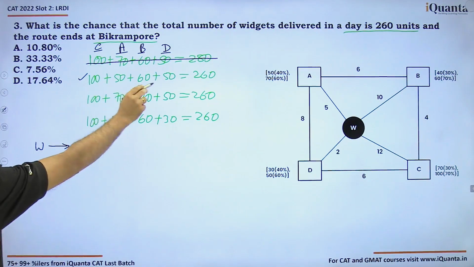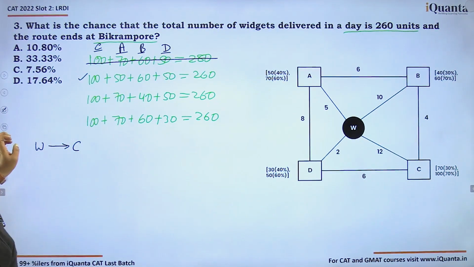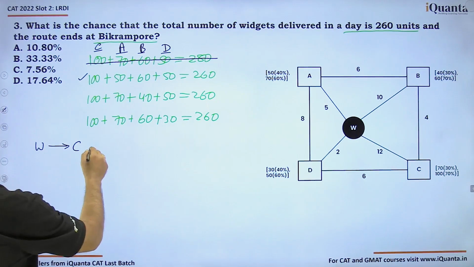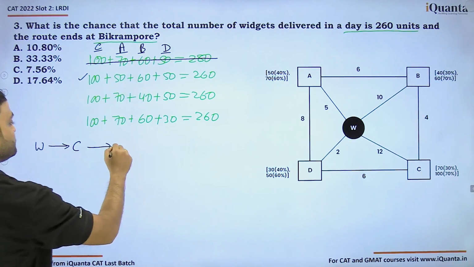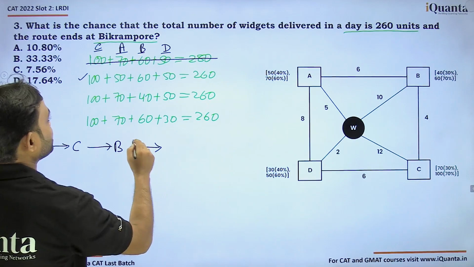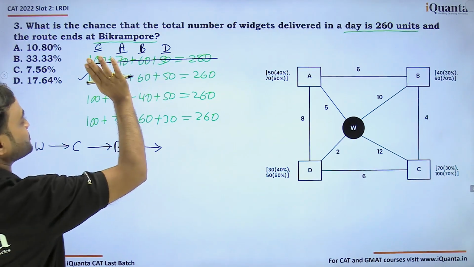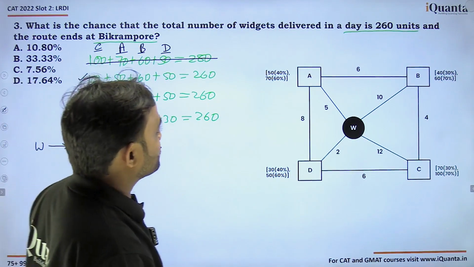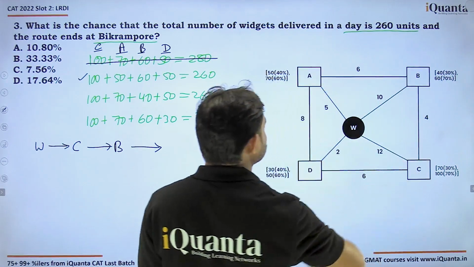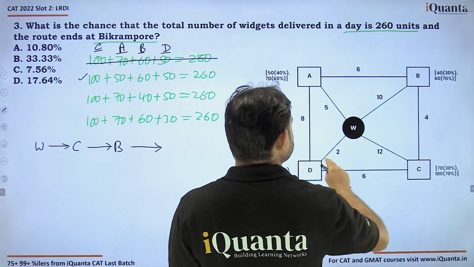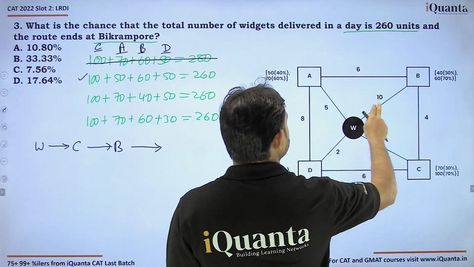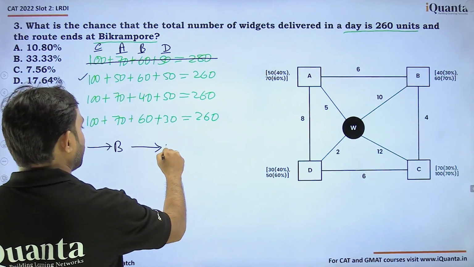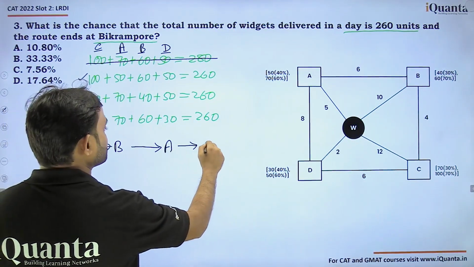So if we consider this first case, we are going to go from warehouse to C and then C to B. From B, we can choose to go to A or D. From B to A, distance is 6. From B to D, distance is 12. So definitely we are going to choose A and then we are going to choose D.